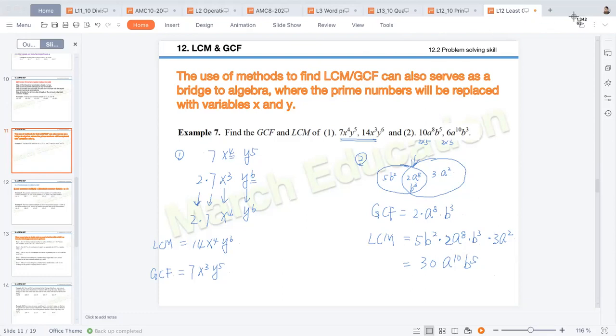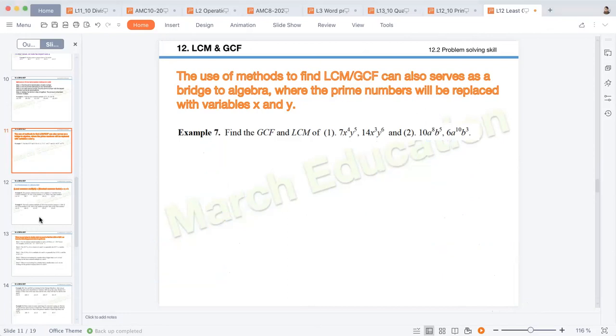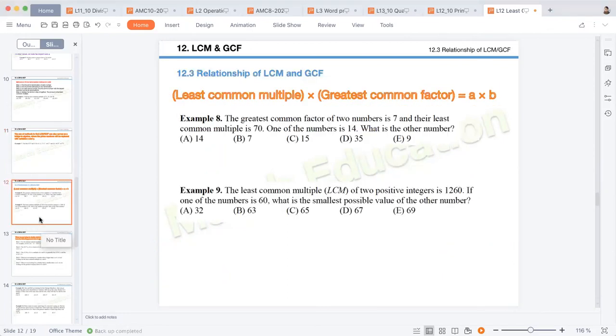So these are the 2 methods for greatest common factor and least common multiple. Just now I introduced this, and could you please try these 2 questions one by one?